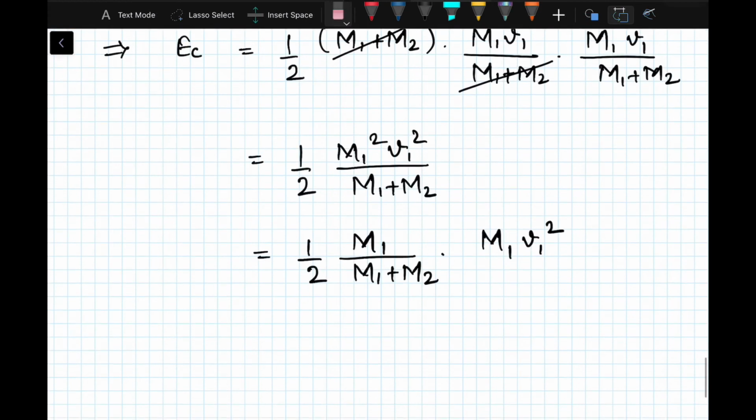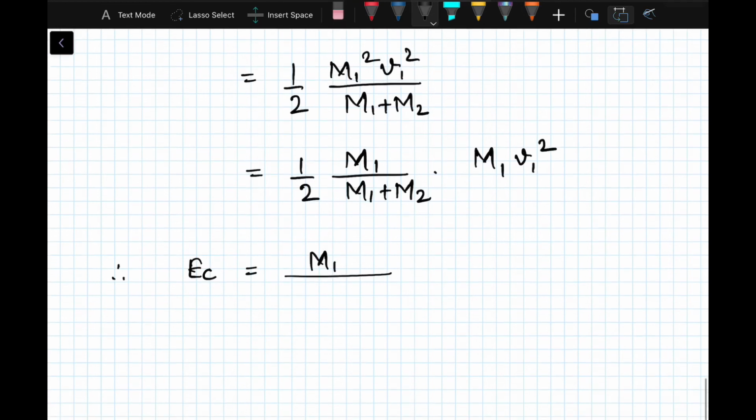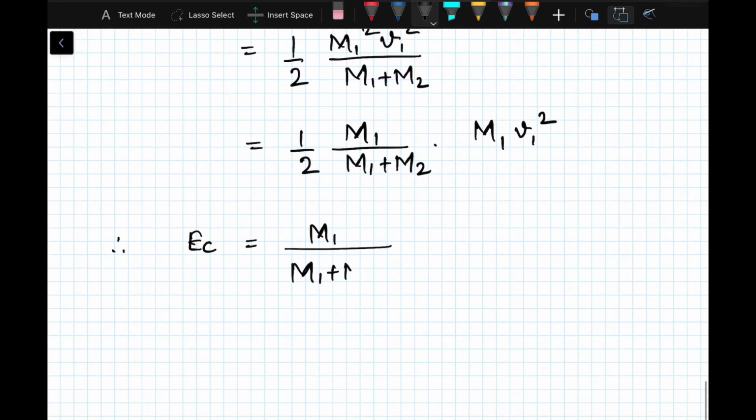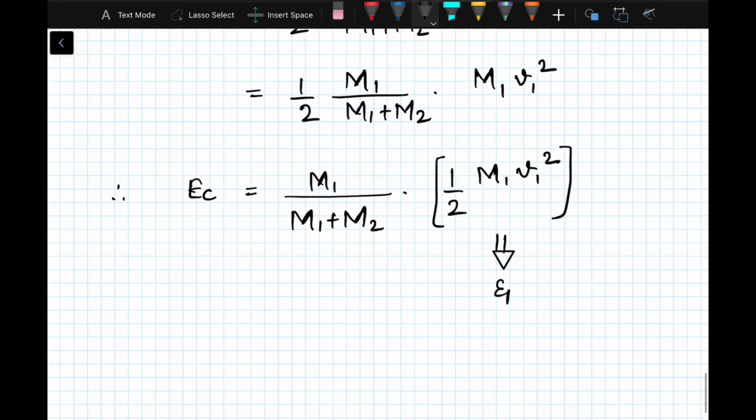On rearranging the terms, we can write EC as m1 over m1 plus m2 times half of m1 v1 squared, and this term represents the kinetic energy in the laboratory frame of the particle with mass m1, because the kinetic energy of the particle with mass m2 is 0 because it was at rest.